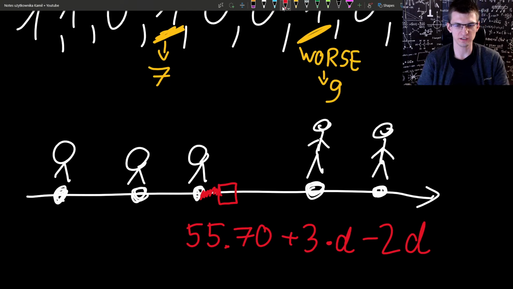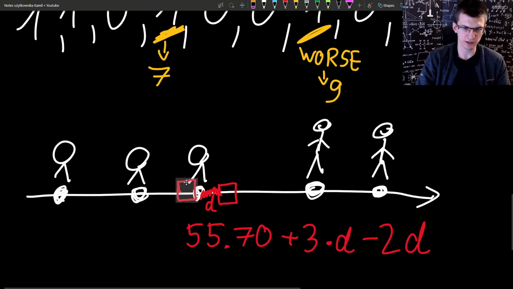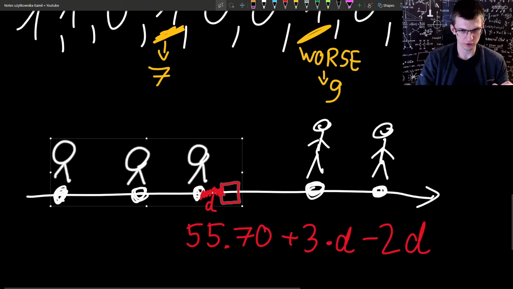This new distance, the sum of distances, is bigger, assuming that this is distance d. Same stuff if you move the meeting point to the left. If you move meeting point away from more people, you're making the total distance worse. It's the same.